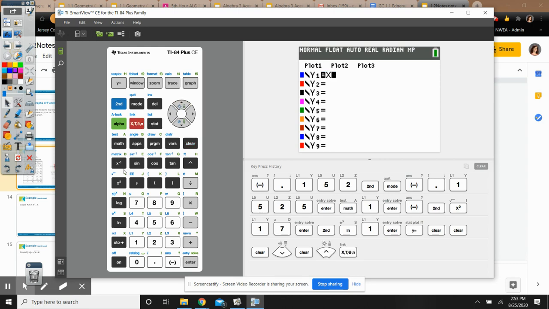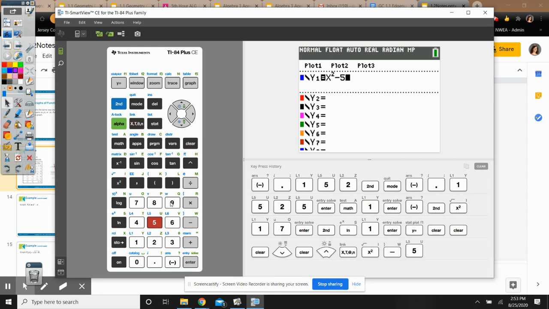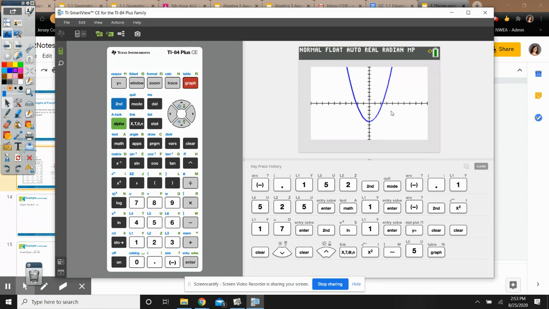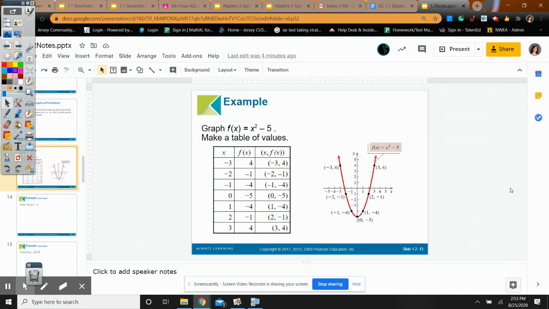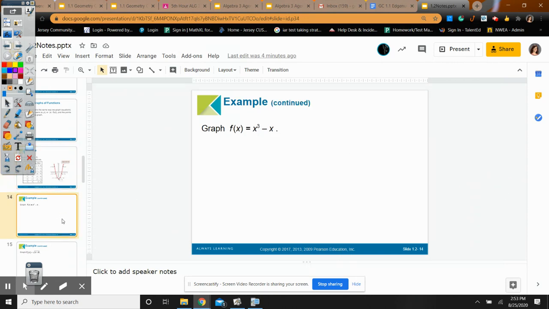So x squared minus 5. If you hit graph, it's kind of hard to see what's going on. But if you go to second graph, that's your table, it will give you some nice points to plug in for your graph on your math lab. Or you could have known that it's just a downshift of 5.